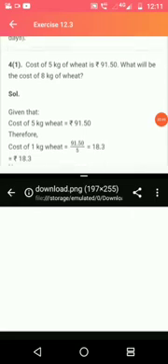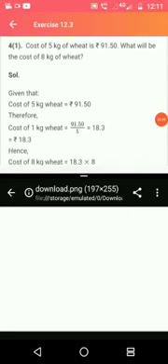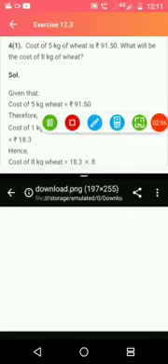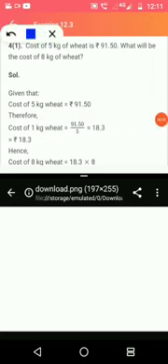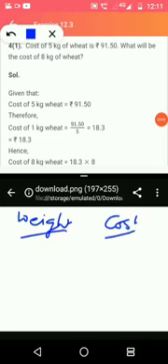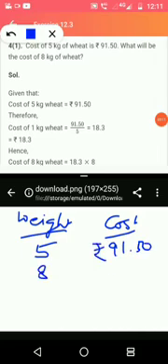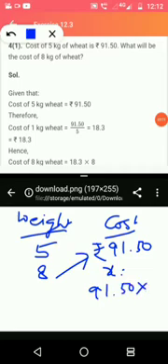Next question. Cost of 5 kg is 91.50. What is the cost of 8 kg of wheat? So weight of wheat and cost. So 5 kg of wheat is costing 91.50. So 8 kg of wheat will cost how much? Same thing, cross multiply. 91.50 into 8 divided by 5.